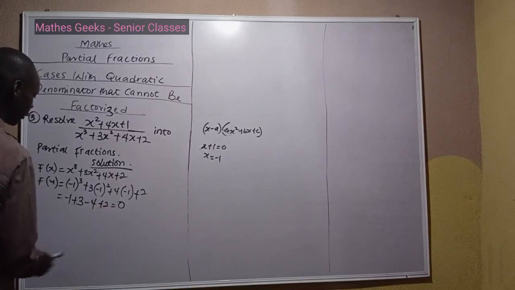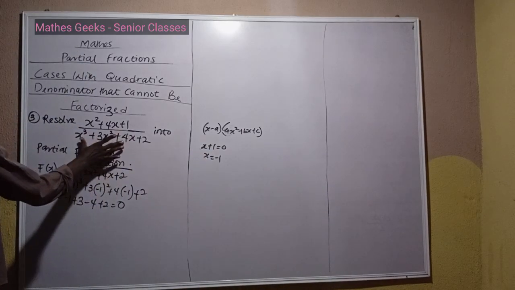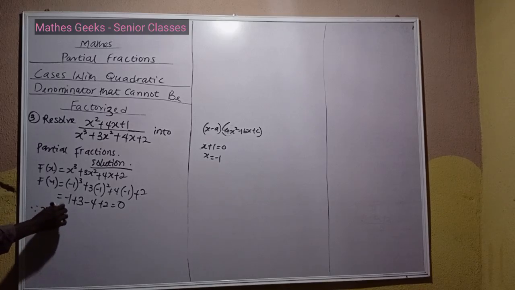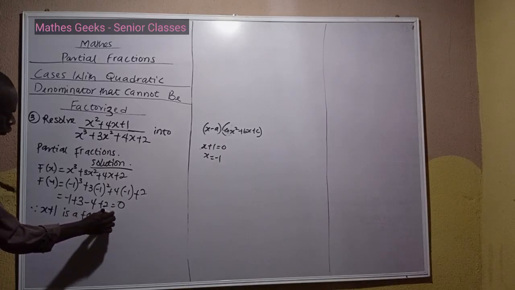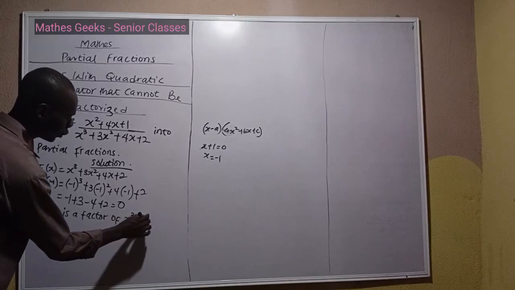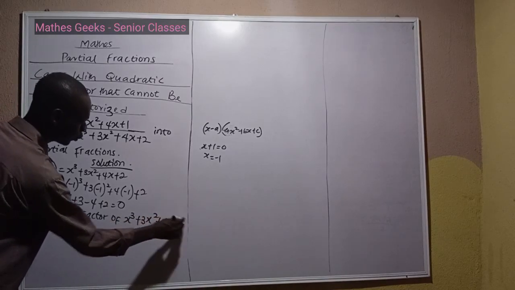So that means x plus 1 is a factor of this expression. From our trial and error method, we discovered that x plus 1 is a factor of x raised to the power 3 plus 3x squared plus 4x plus 2.